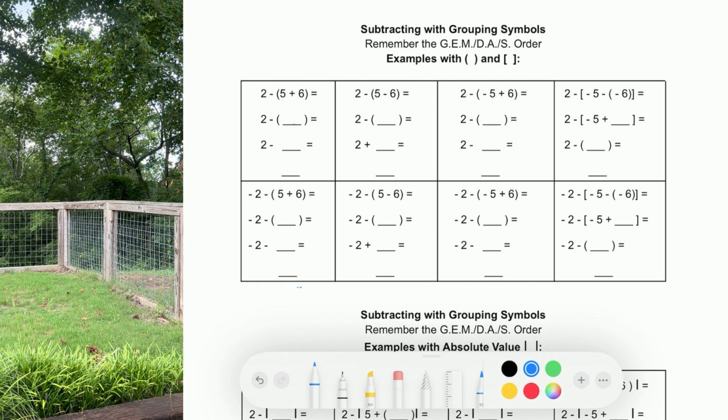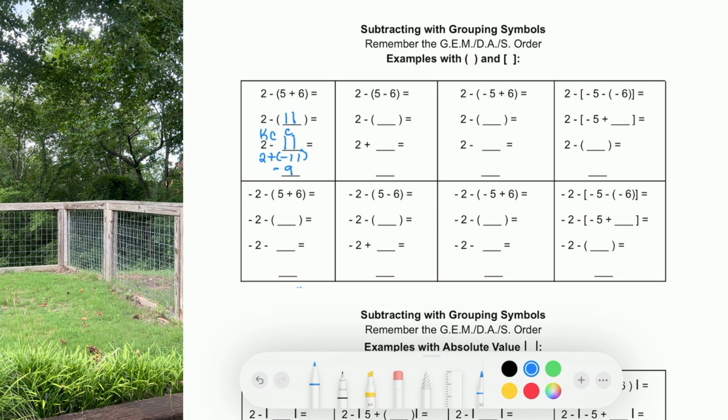5 plus 6 is in fact 11. 2 minus 11 is the same as saying 2 plus negative 11. Remember, keep, change, okay? So the difference between 2 and negative 11 is 9. The 11 is greater, so that means our answer is going to be negative.